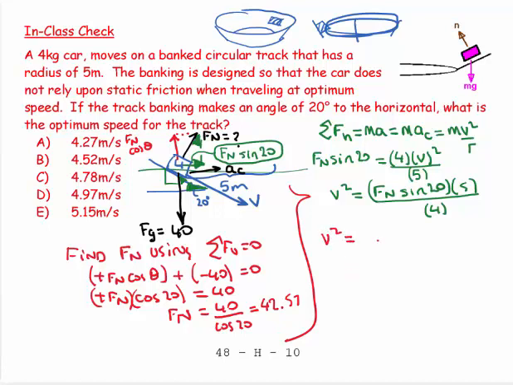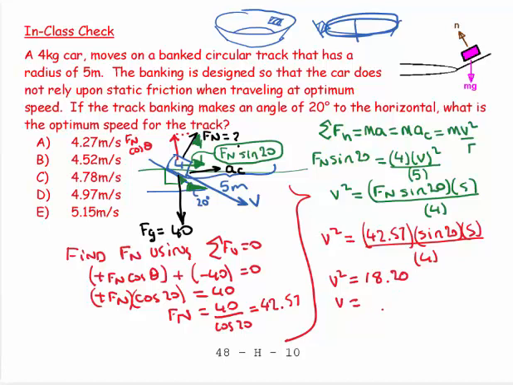I say v squared is equal to 42.57 sine 20 times 5 over 4, and that's just math. So I go 42.57 times sine 20 equals, times 5 equals, divided by 4 equals, and I'm going to get 18.2.